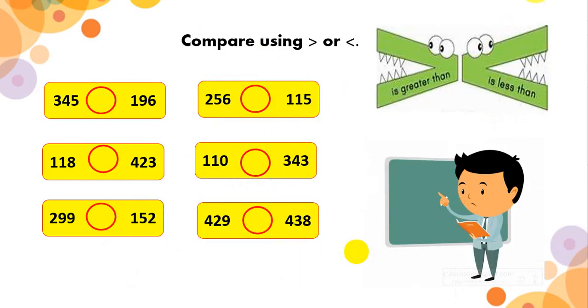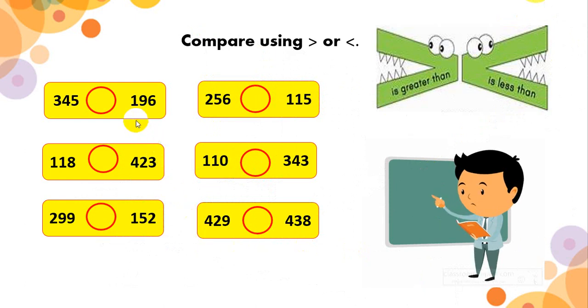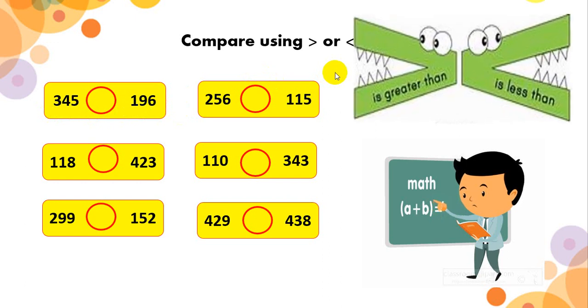Now it's your turn. I want you to compare each pair of numbers using greater than or less than. In each box here we have two numbers. I want you to use greater than, less than to compare them.